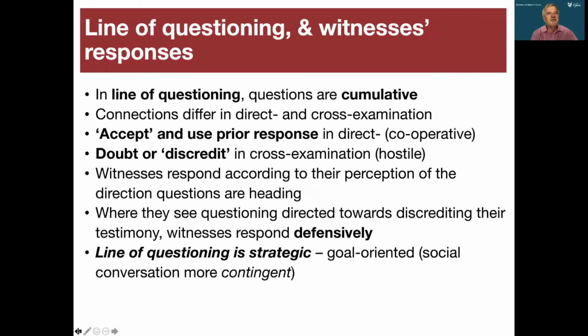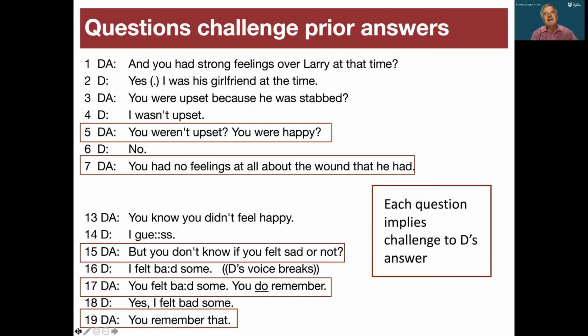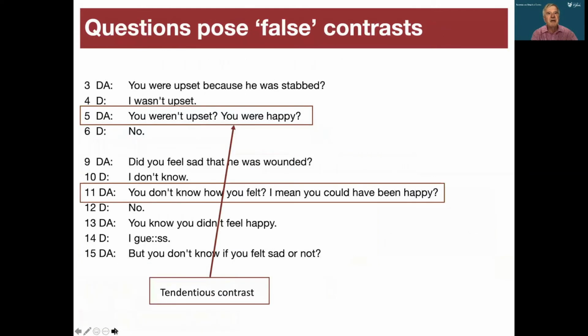Actually, let me just review. So we've seen three features of cross-examination. One is that each question implies a challenge of some kind to the defendant's answer. We've seen that that's done very often through setting up contrasts: "You weren't upset, you were happy," which are tendentious contrasts. They are false contrasts in a way, you could say.